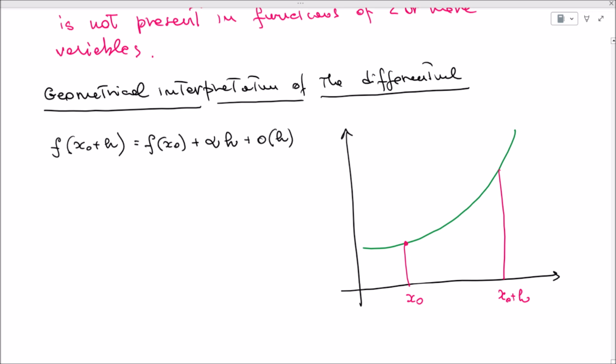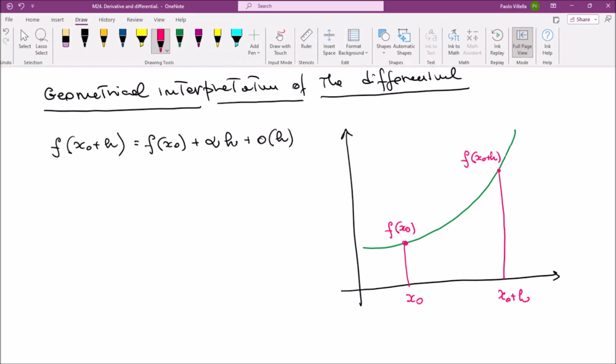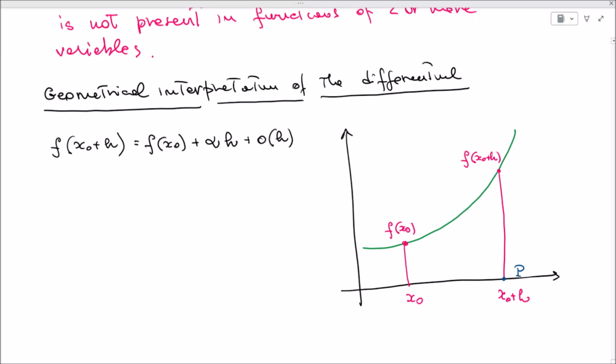Okay, so we know that this is f of x naught, we know that this is f of x naught plus h, right? And now we want to give a geometrical interpretation, so let's start by calling this point P and this point Q, right? Or let me use S for this point.